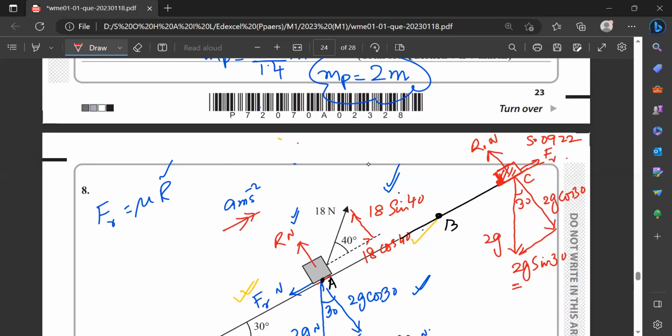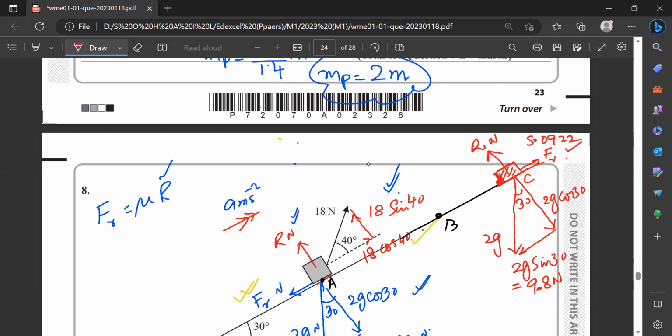This is 2 multiplied by 9.8 multiplied by sine 30, which comes to 9.8 newtons. So the force acting in the downward direction is 9.8, and the force trying to stop it because of the surface is 5.0922. As the downward force is bigger, the particle will start moving in the downward direction.